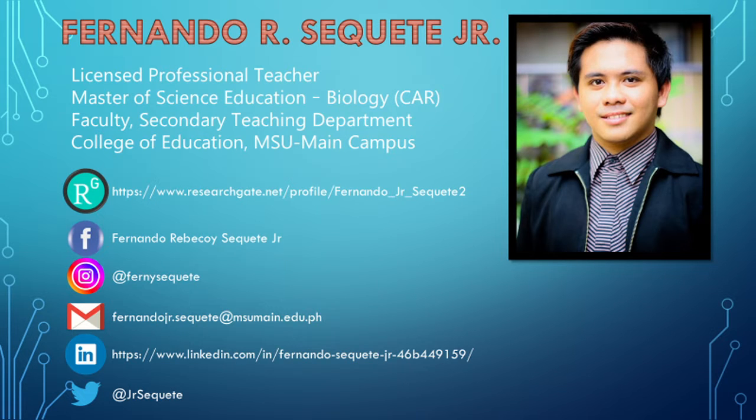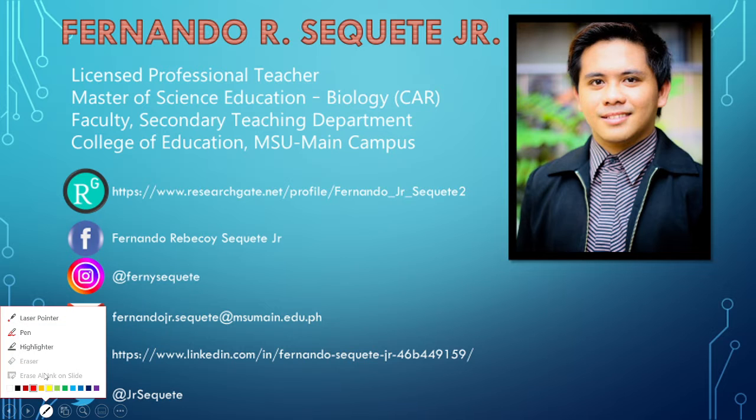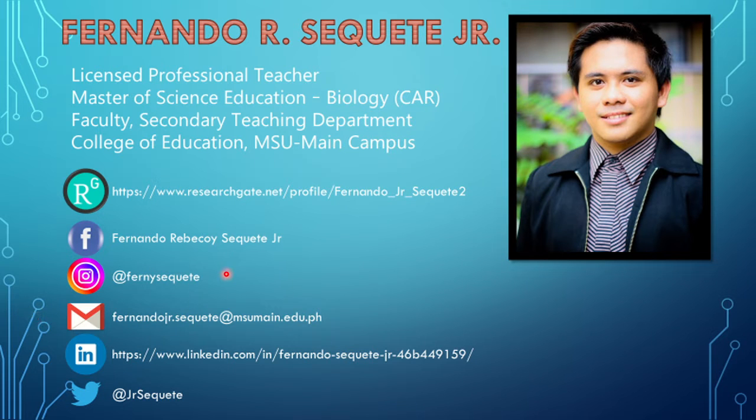Below are my social media accounts. I would love to include this because I want you to be exposed to certain things. Of course, I have my researchgate.net account, where my publications are.